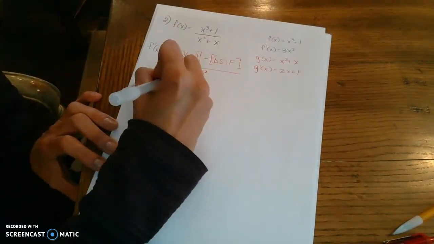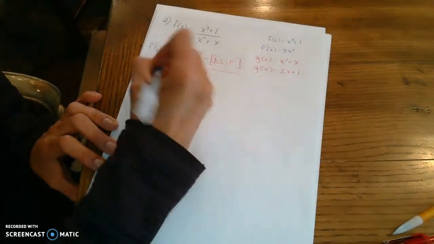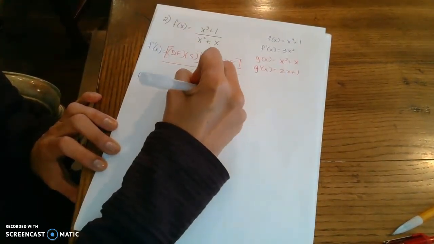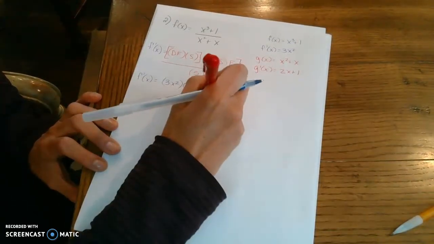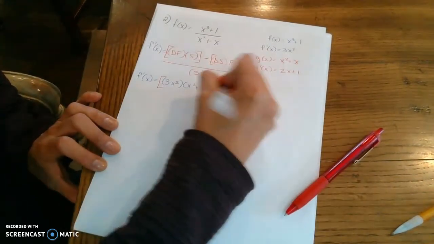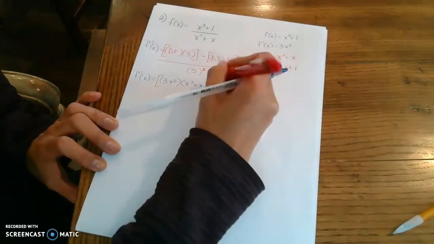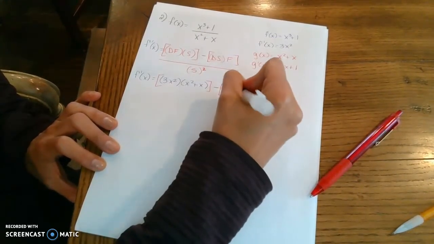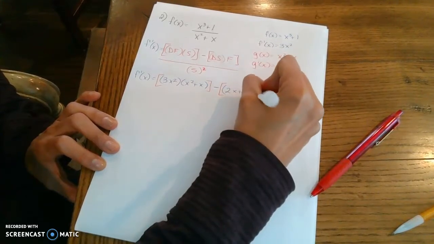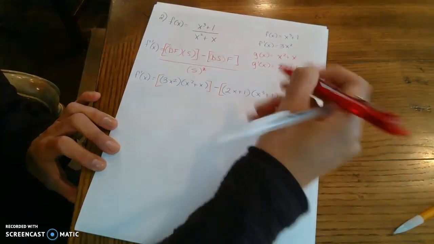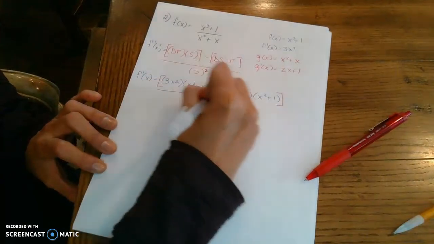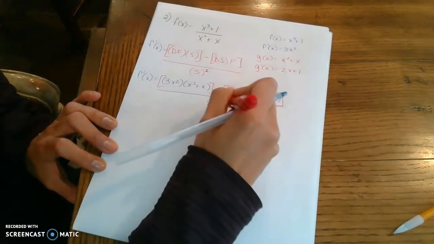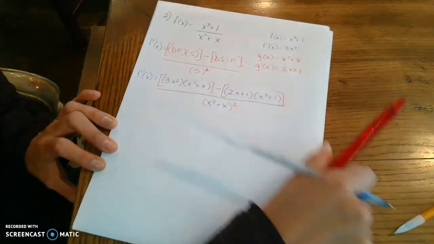So the derivative of the first is 3x squared times the second, which is x squared plus x, and that goes in my first bracket, minus the derivative of the second, which we just said was 2x plus 1, times the first, which is x cubed plus 1, all over the second squared, (x squared plus x) squared.